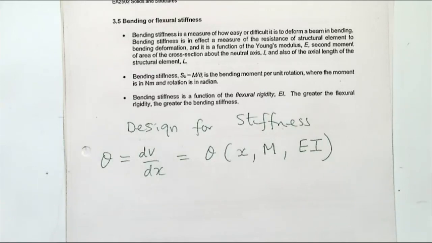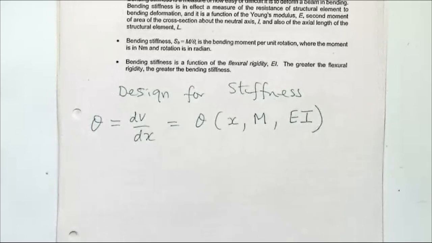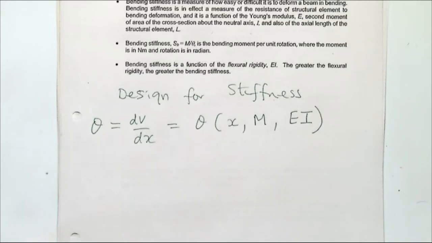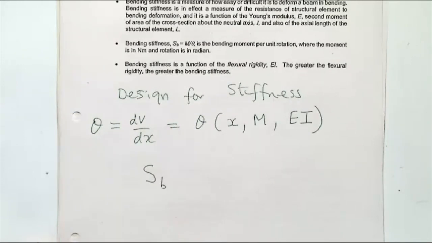So for a given value of the bending moment, which depends on the load, and at a given location, if you want to minimize the magnitude of the deflection, then we will need to know what is called the bending stiffness. How stiff is the structure to the applied bending moment?